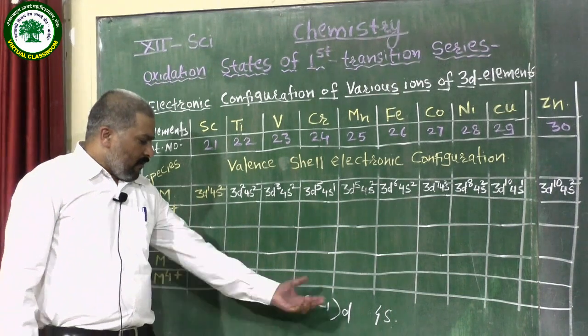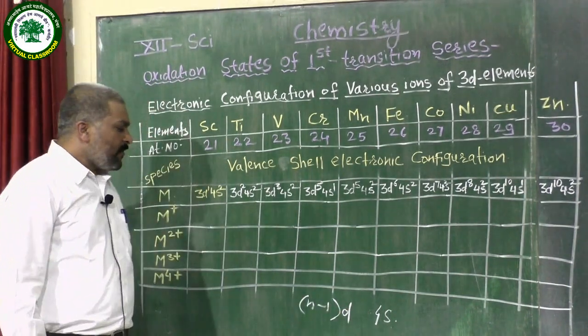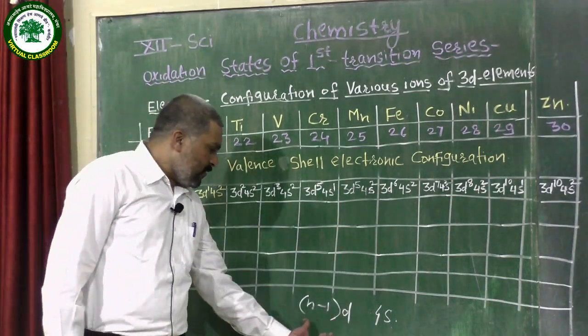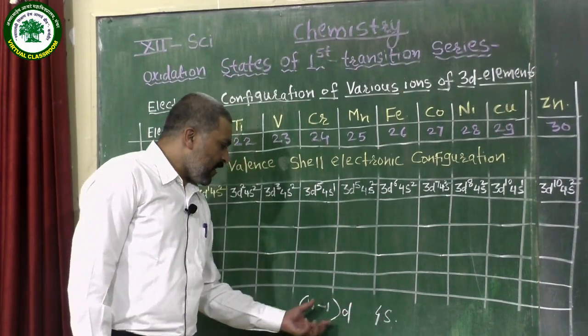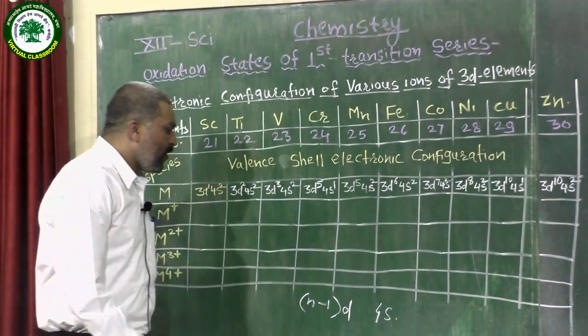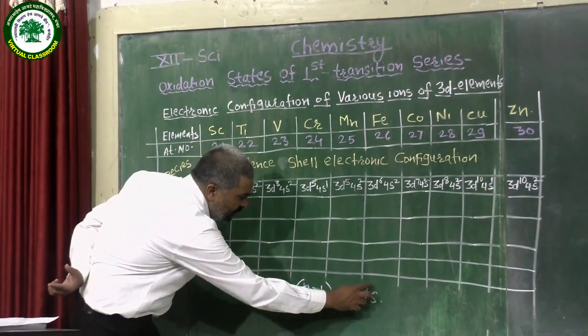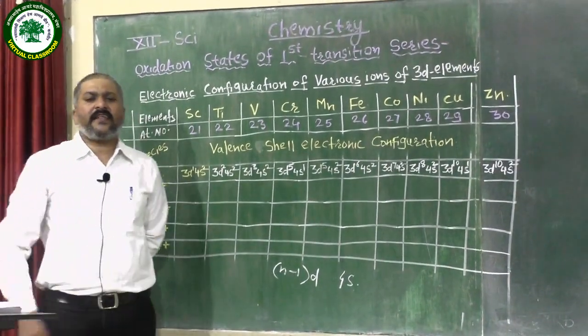When we write the electronic configuration, the 4s orbital is filled first, before the 3d series, because there is a very small energy difference between 4s and (n-1)d, that is the 3d series.